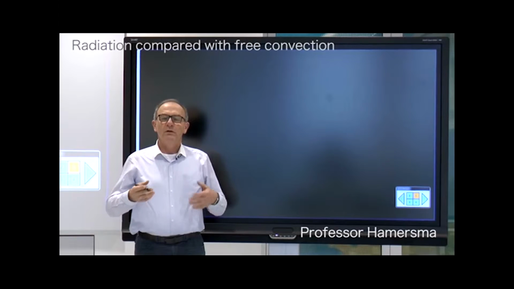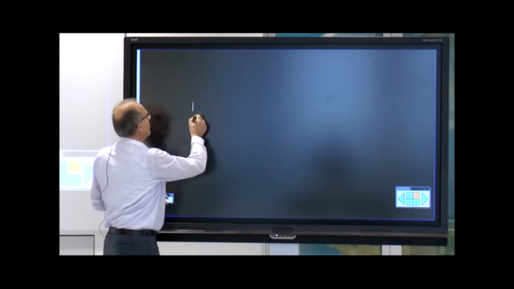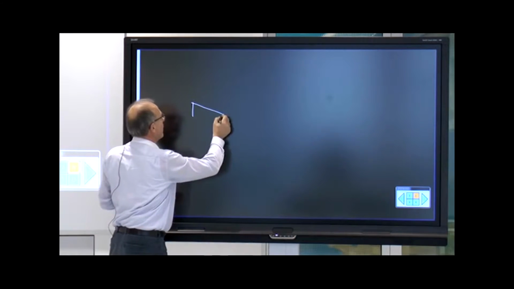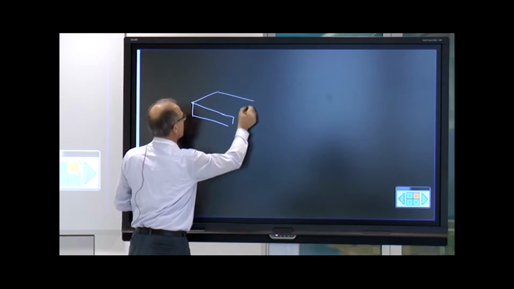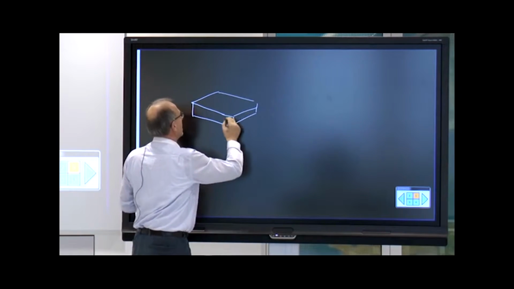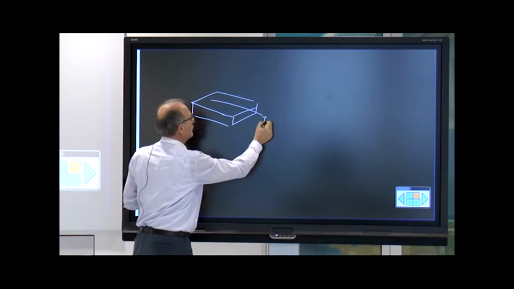Okay, in this example, I want to show you the contribution of radiation in comparison to free convection. Let's draw a roof, and this roof has a certain temperature T roof.